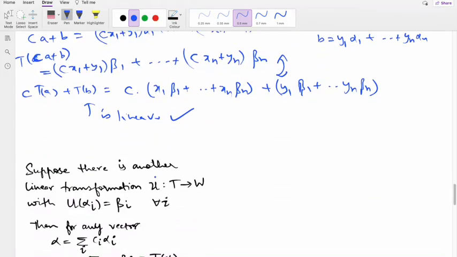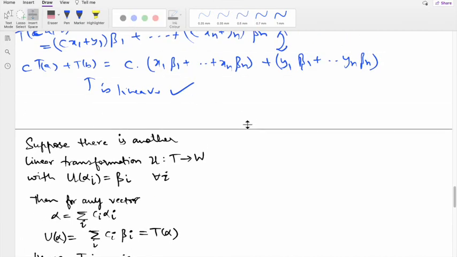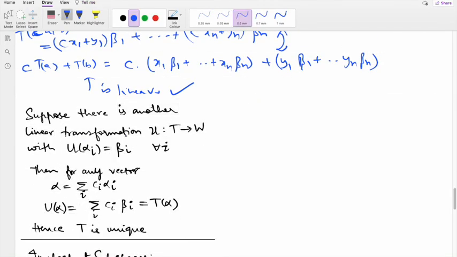Now let's say there is some other transformation, called U, which has the property that U of alpha_i is equal to beta_i. Let's say I choose any vector alpha, which is a linear combination of the alpha_i, that's basically your basis.